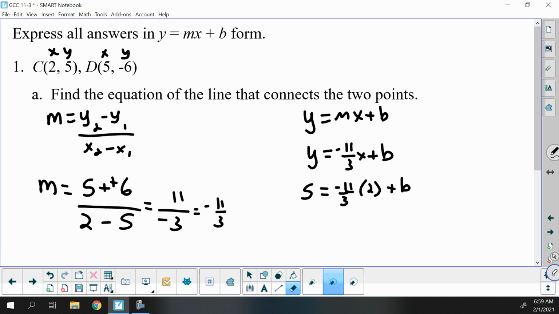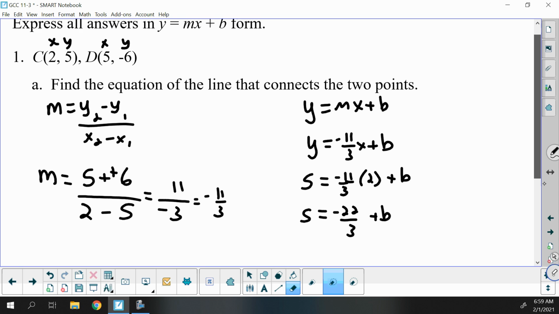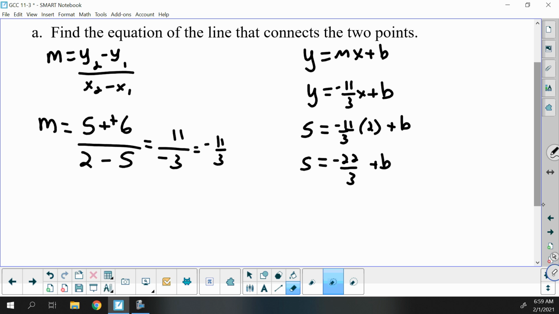Now you can use your calculator as you're doing this. So in your calculator, we would do negative 11/3 times 2. That'll give us negative 22/3 plus b. We're trying to get b alone. So to get that negative 22/3 out of there, we'll add the 22/3 over because we need to do opposite operations.